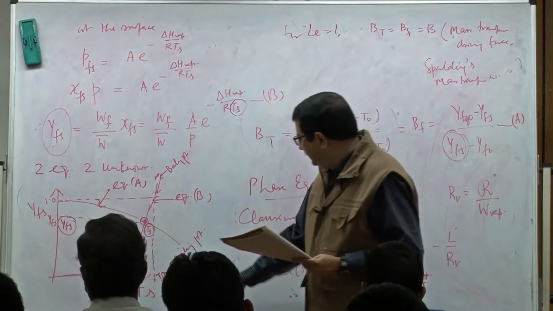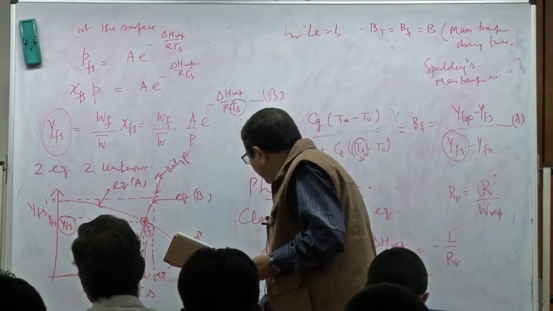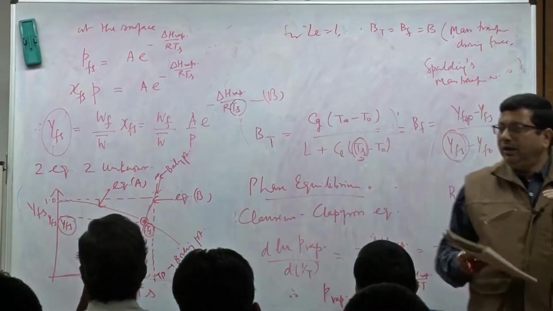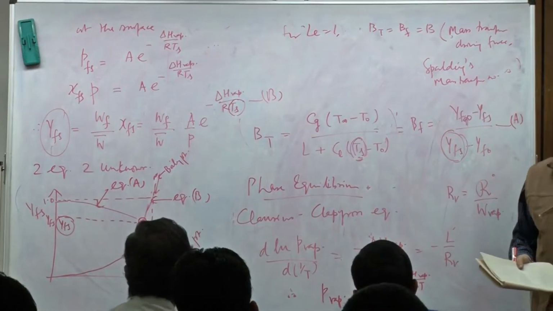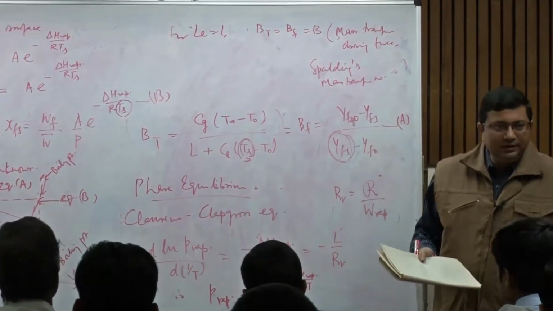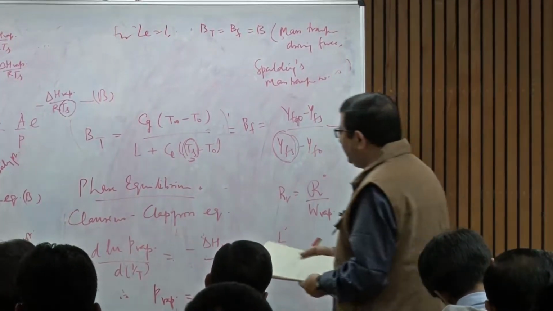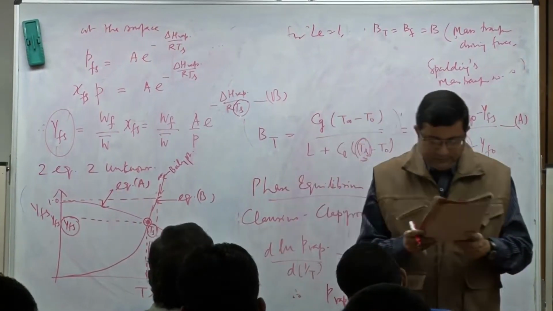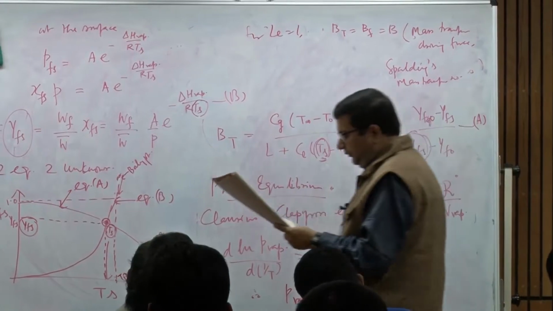In that case, Ts will be almost equal to the boiling point. Okay. So, if the temperature around the droplet is much larger than the initial temperature of the droplet, then the surface temperature will reach the boiling point value.